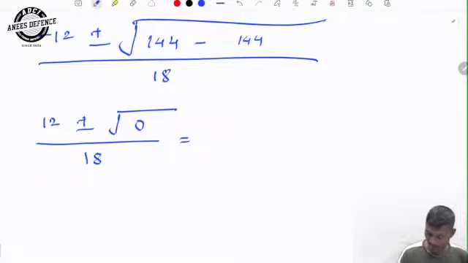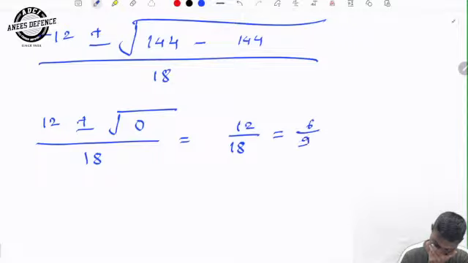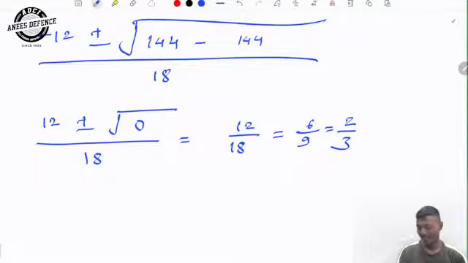From here we will get 12 divided by 18. Two by three.